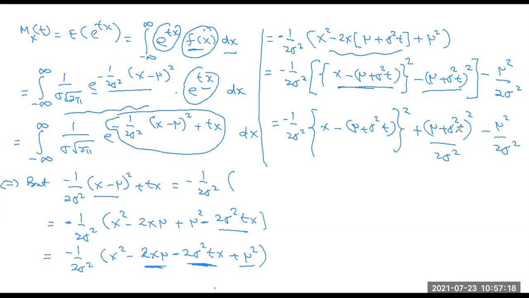So can we simplify? When you expand this term here, this is mu plus sigma squared t squared. What do we get? Okay, so let's write this. -1/2 sigma squared into x minus mu plus sigma squared t, squared, what we have here, plus we expand this quadratically.